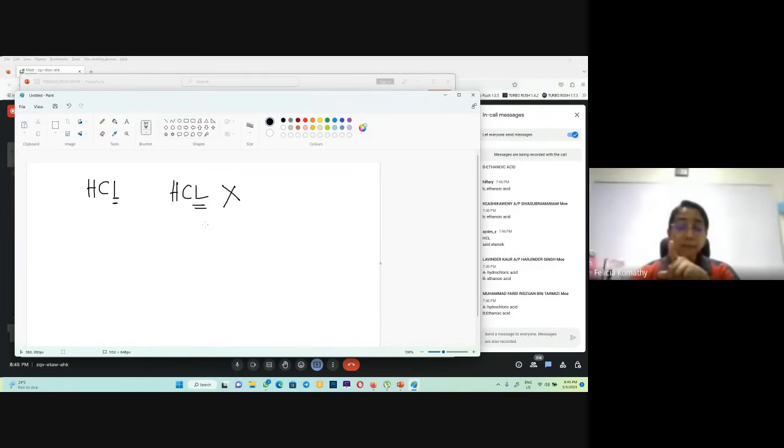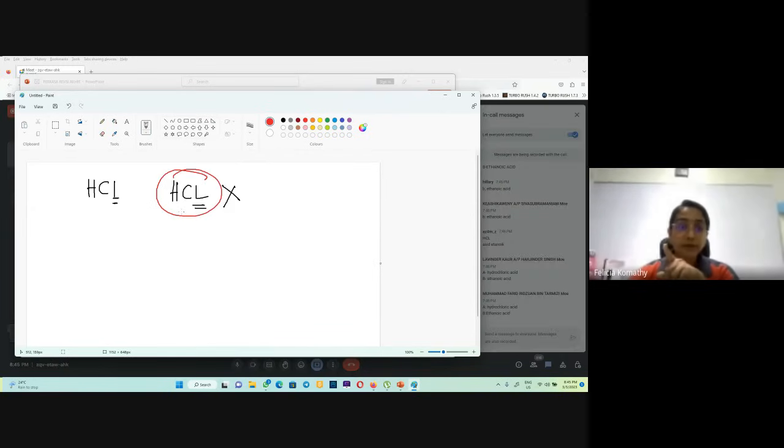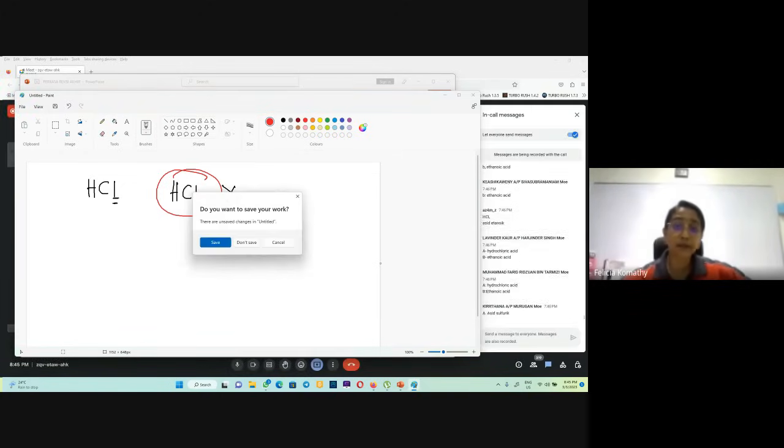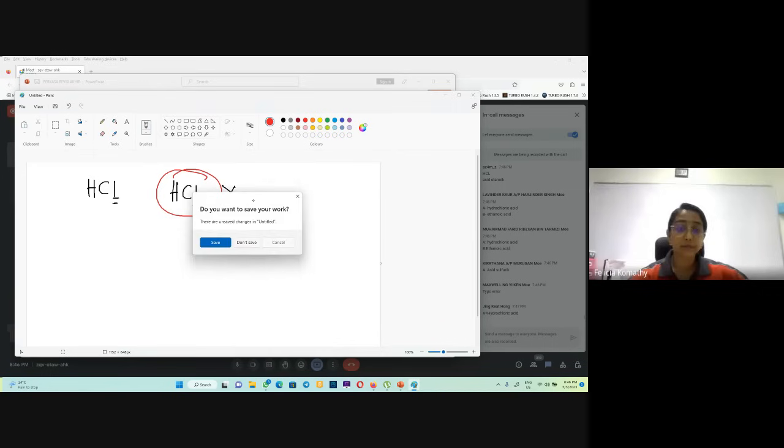Even in your amali, many of you have made this mistake. When you write your equation, many of the students have done it this way. They put capital L. Just because of capital L, they lose their mark. So when writing formulas, make sure you follow exactly as it is. The cases of the letters are very much important. Okay.